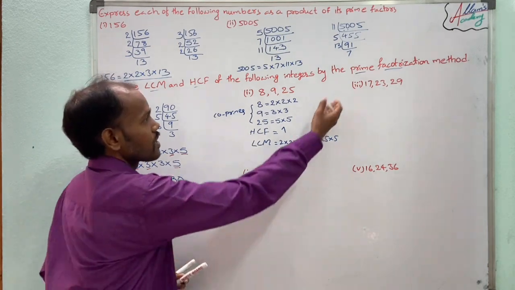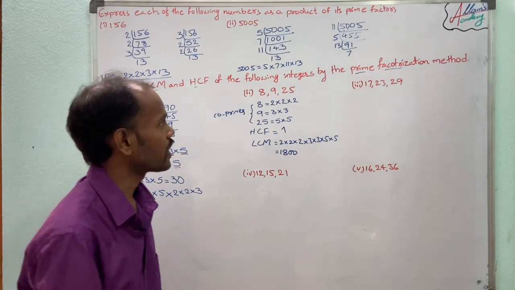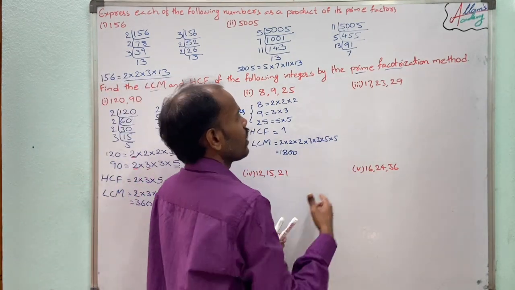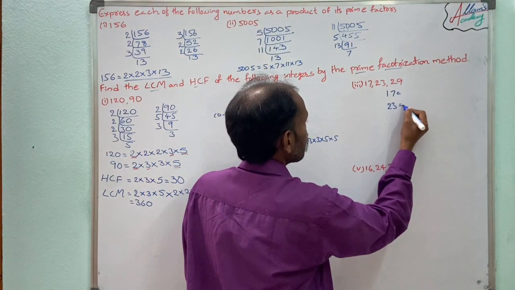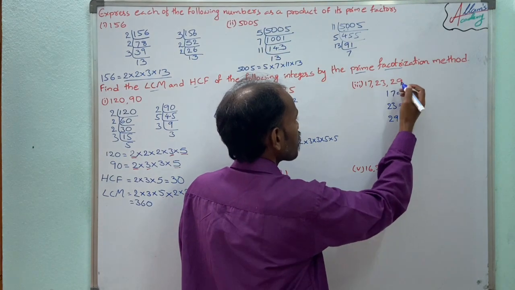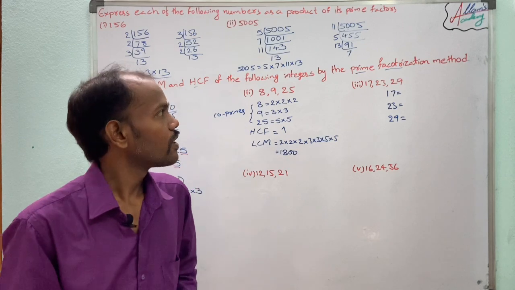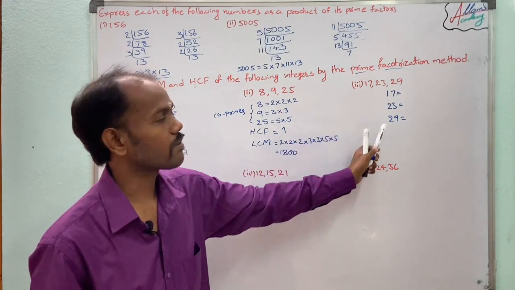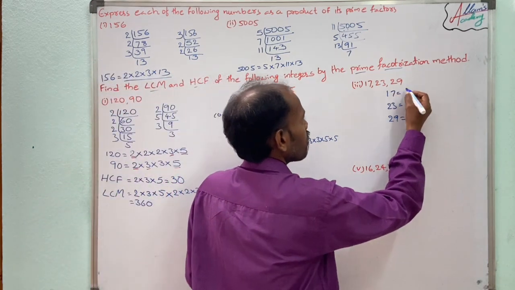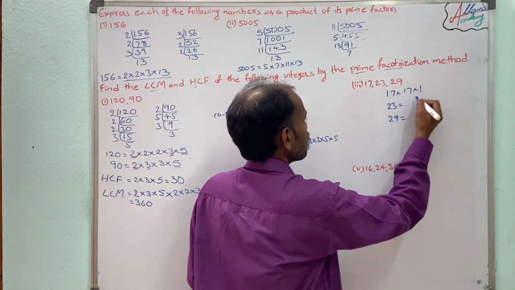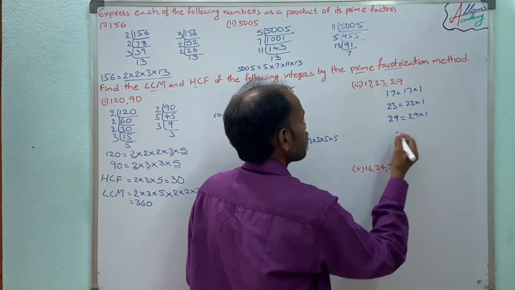Okay, now seeing the LCM and HCF of 17, 23 and 29. If we observe these three numbers, they are co-primes, they are prime numbers, so there is no common factor. If we want to express them, 17 is 17 1s, 23 is 23 1s, 29 is 29 1s.